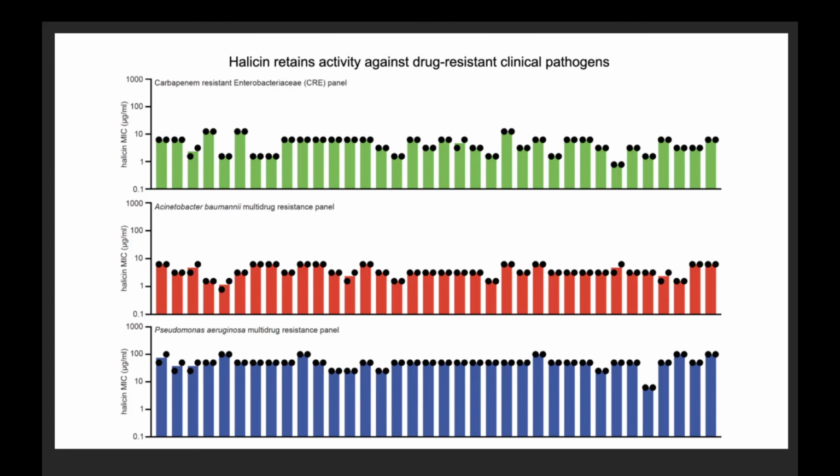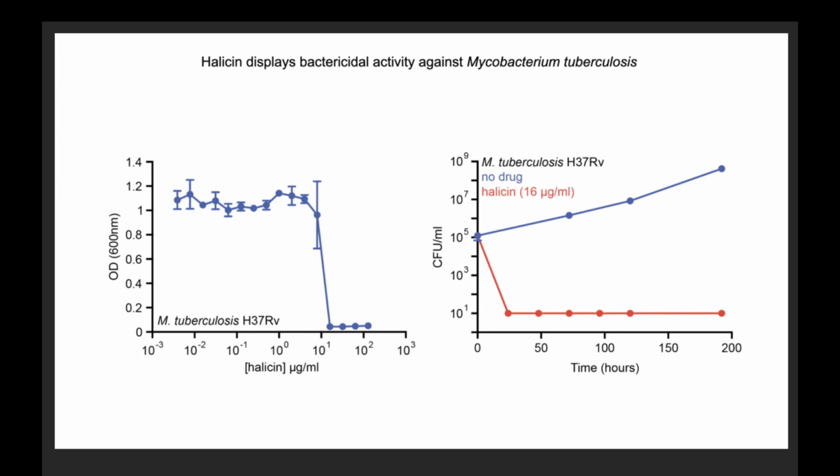Unfortunately, we observed that Halicin did not display activity against Pseudomonas aeruginosa, and this is likely a result that can be attributed to the fact that the permeability barrier to get molecules into Pseudomonas aeruginosa is great. Furthermore, we tested Halicin against Mycobacterium tuberculosis.